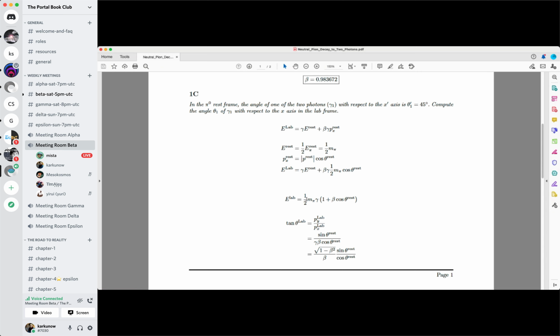If you notice, now we actually know all of these values. You can look up the mass of the pion in the particle data booklet, and we know gamma because we know beta. We solved for this before, and beta again is here. So the only term we have to worry about when considering the energy in the lab frame is theta rest.